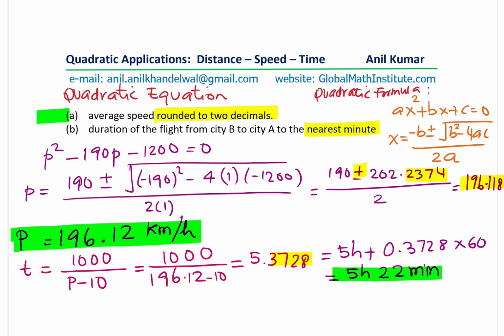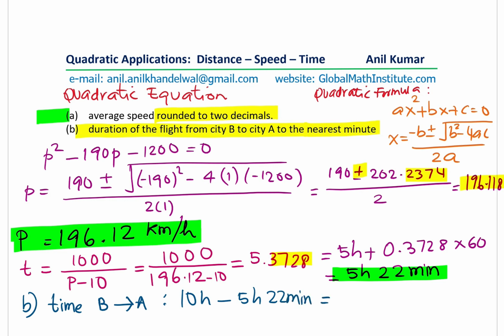But what we want is B to A, right? So this is important to understand. Duration from B to A. So let's now work this out. So part B is time from B to A, which is equal to how much? Which is 10 hours. Take away what we got, 5 hours and 22 minutes.